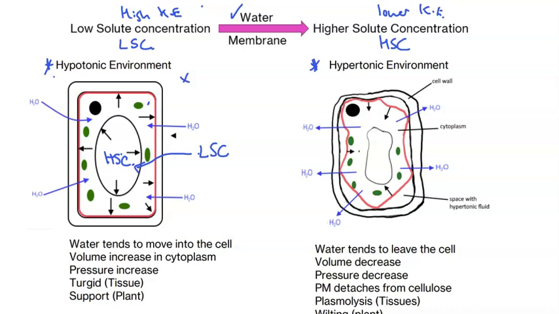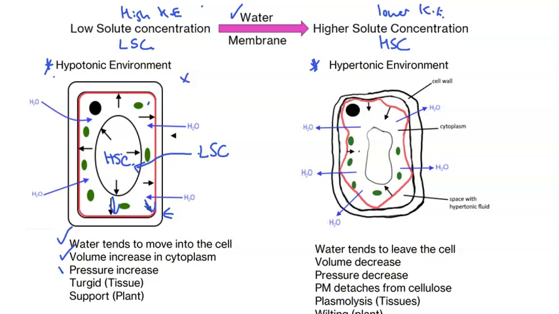As before, the volume of the cytoplasm will increase. But what's going to happen this time is that as the volume of the cytoplasm increases, the expansion of the tissue will be resisted by the wall pressing back in the opposite direction.